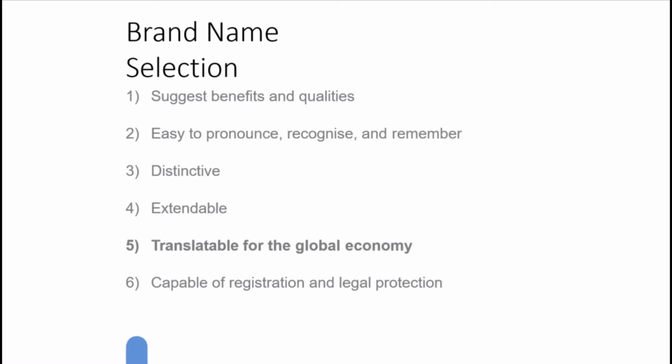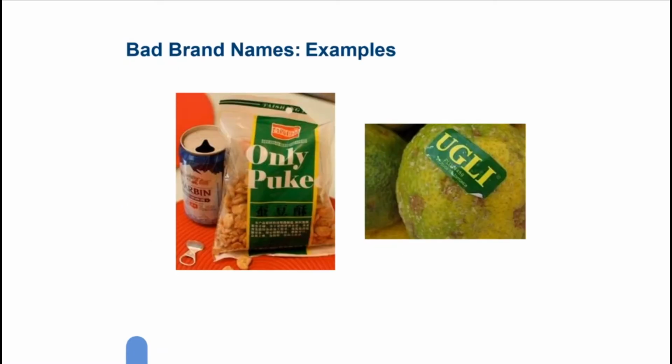Mostly, even in our local markets, we can meet some international brands or even our own national products that have international brand names that are hard to pronounce or hard to translate, that we don't even know the translation of. So here are some examples from the foreign markets, some bad examples for brand names.